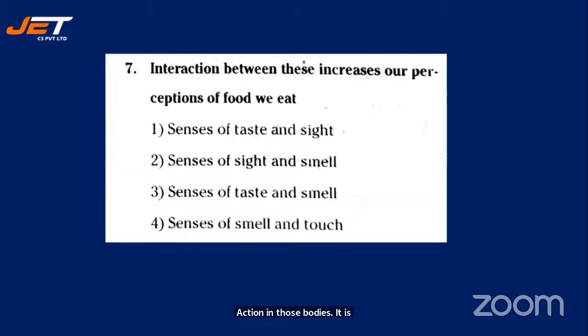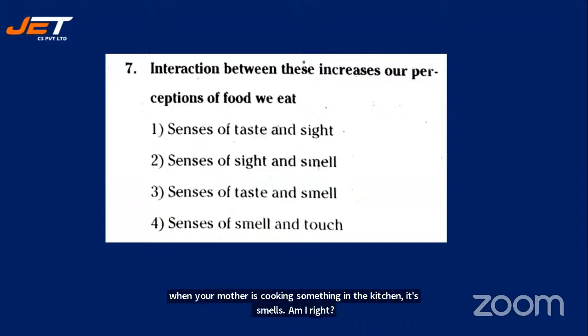Yes. Then, interaction between these increases our perception of food we eat. Perception means that kind of feeling. What are involved here? See, when your mother is cooking something in the kitchen, it smells. Am I right? You can smell it. Then immediately what comes into your mouth? Saliva starts secreting in your mouth.